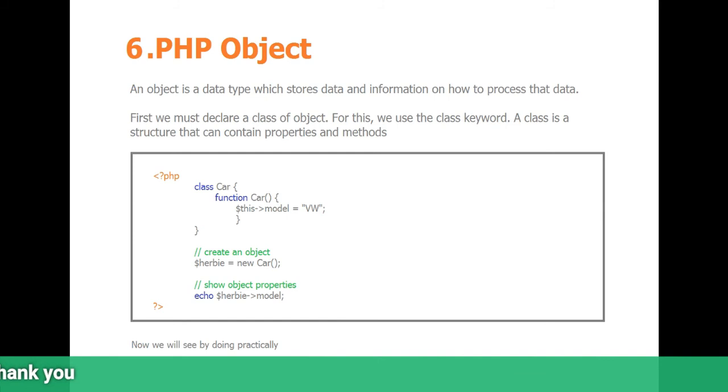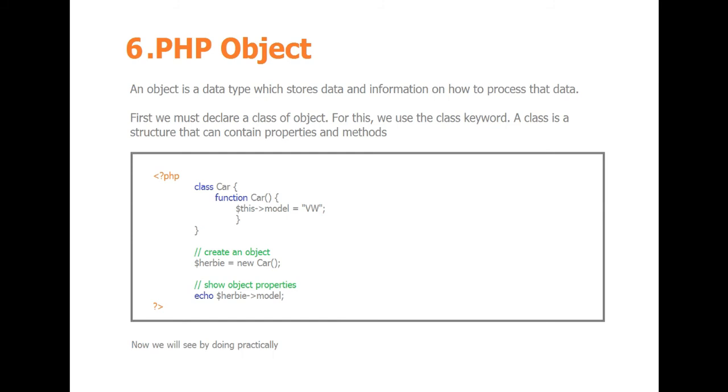In that car class we have declared a variable and assigned a value to it. After that we created an object and we echo to get the output of that object.